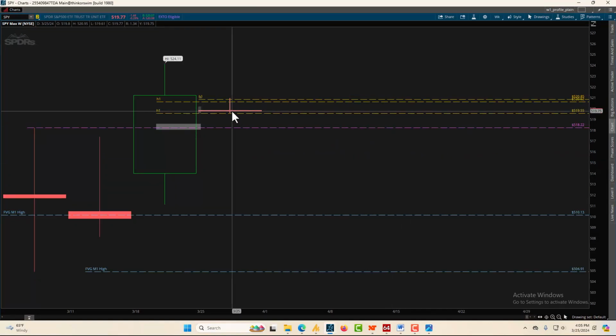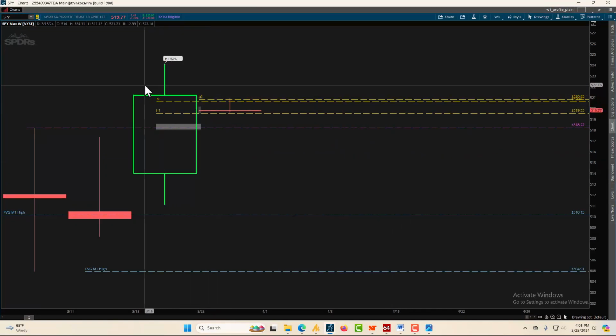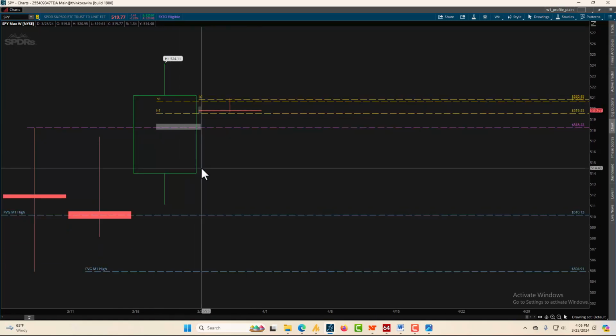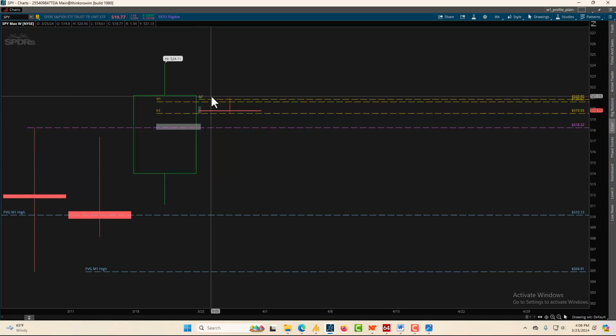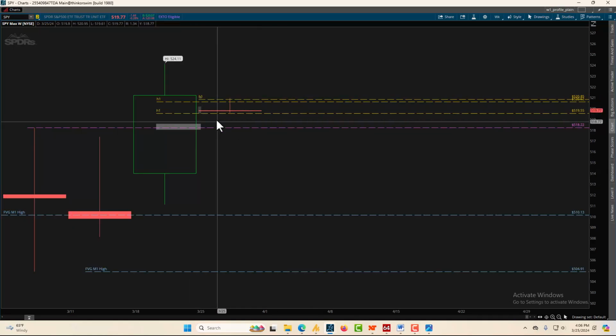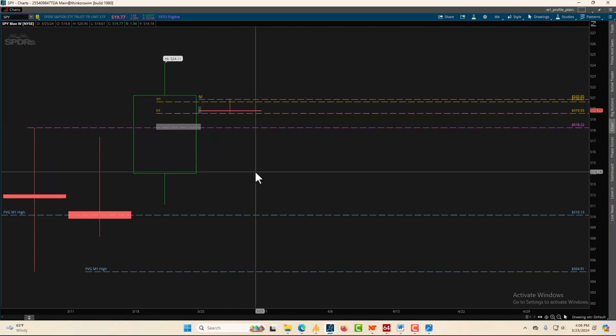So basically, it opened below this candle. Last week, it opened below. It retested a little bit, but it never reached the close. So it can be a very bearish signal right there. But we're not there yet. As soon as it breaks out of that level, then we're going to short.